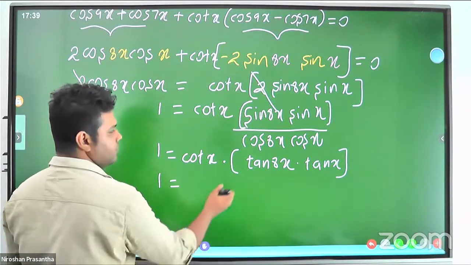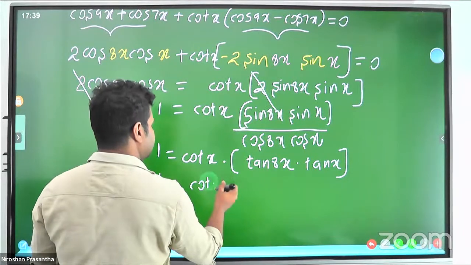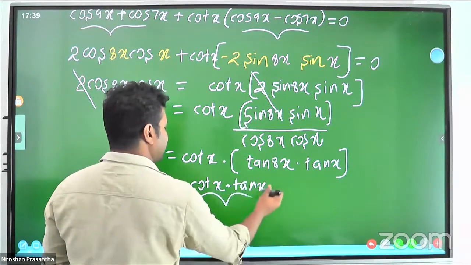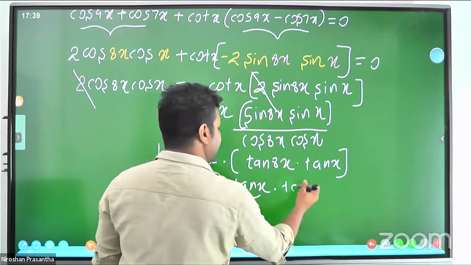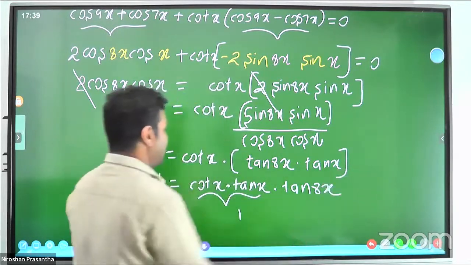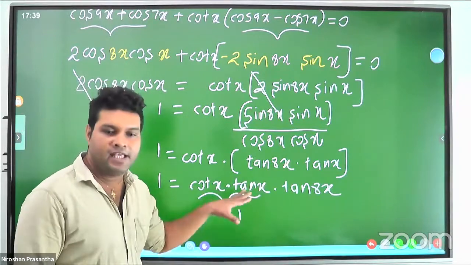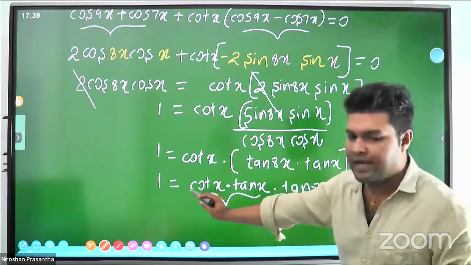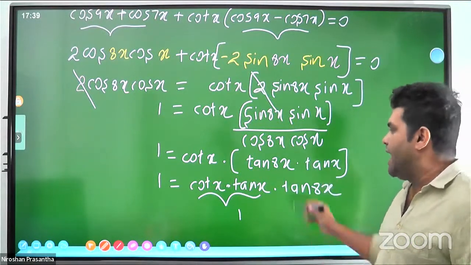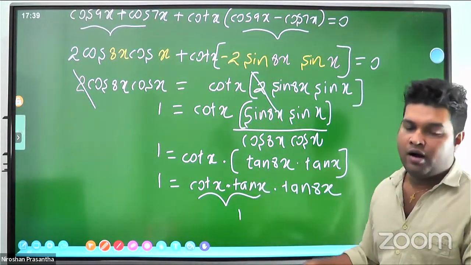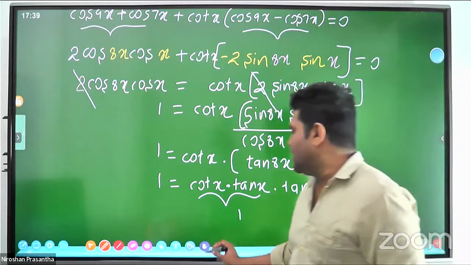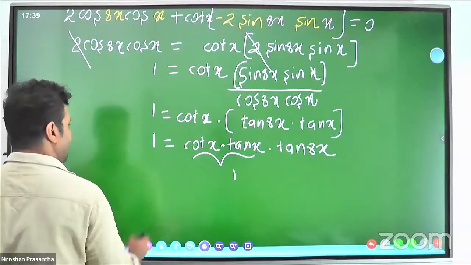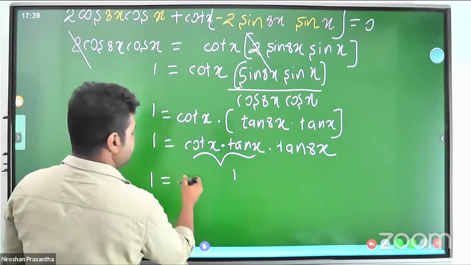You know cot x and tan x, their product is 1, so we remain with tan 8x. Otherwise, we can write cot x as 1 over tan x and cancel it. Whatever, it is okay, the product is also 1. And what is your final answer? 1 equals tan 8x.